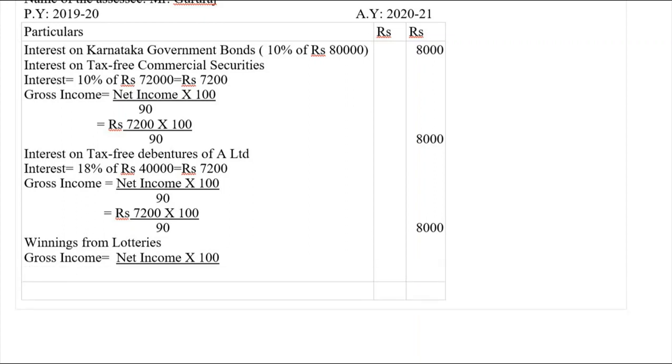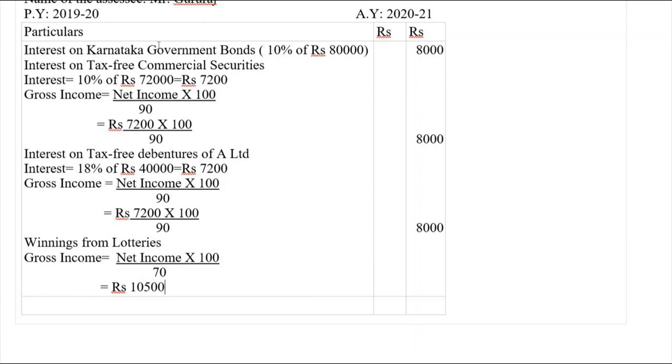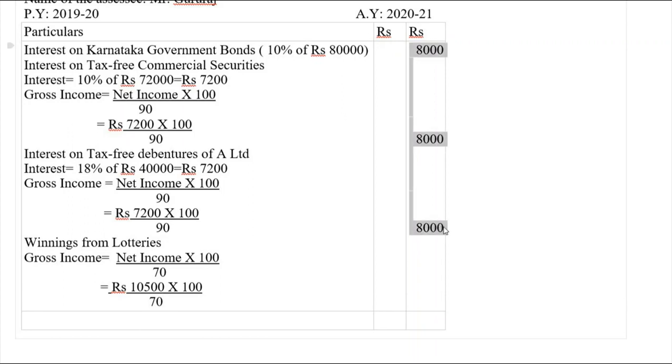Substituting the values, we are given 10,500 multiplied by 100 divided by 70, which gives rupees 15,000.